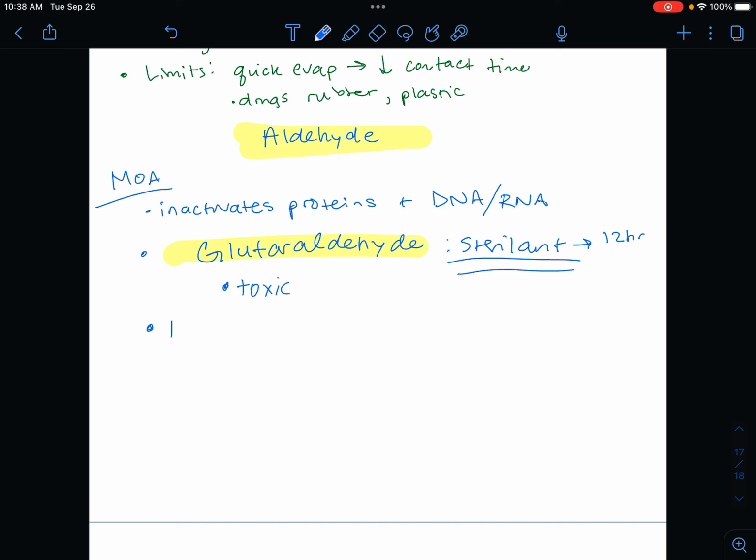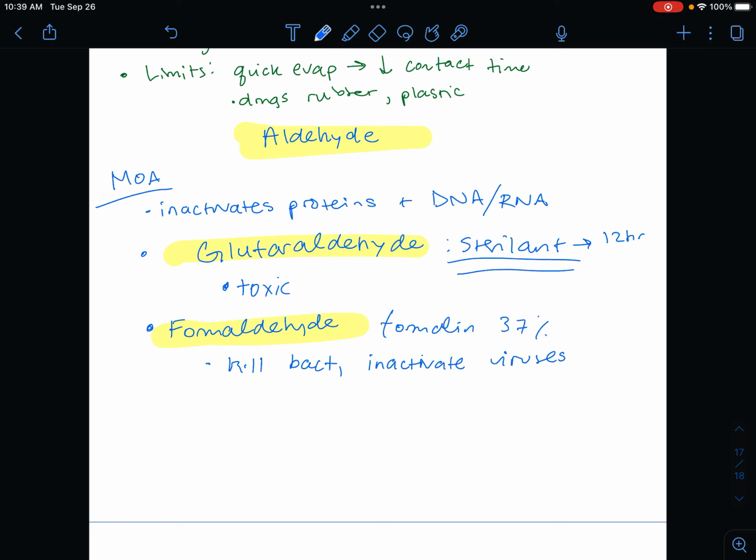We also have formaldehyde. This is that preservative for taxidermy. So it's used as a gas or formalin. A formalin is a 37% solution. And we could kill bacteria, but we only inactivate viruses.